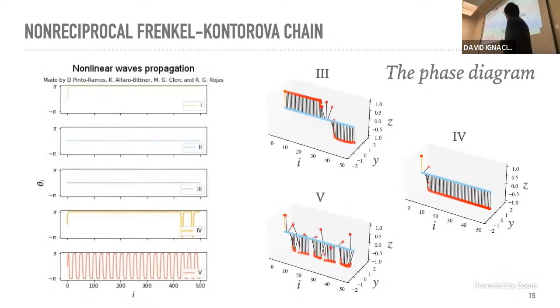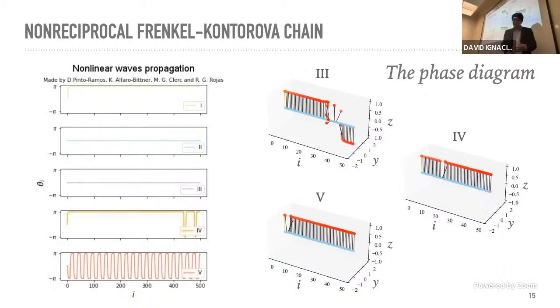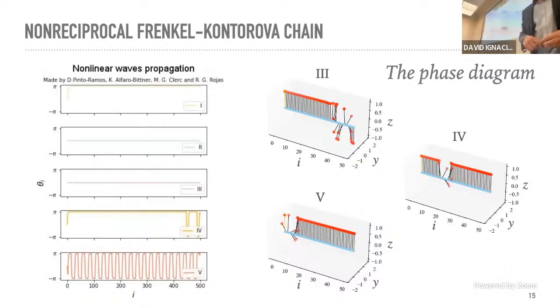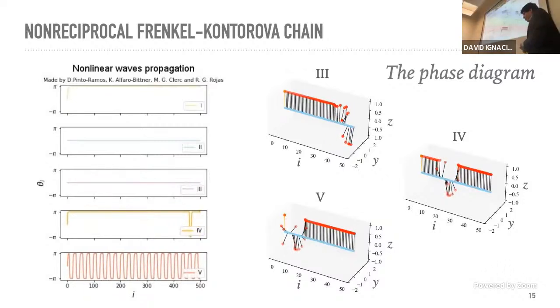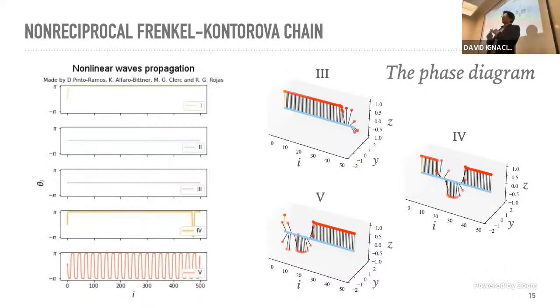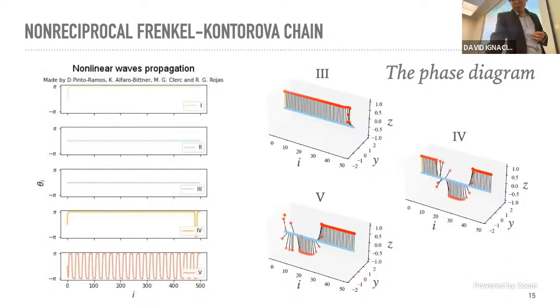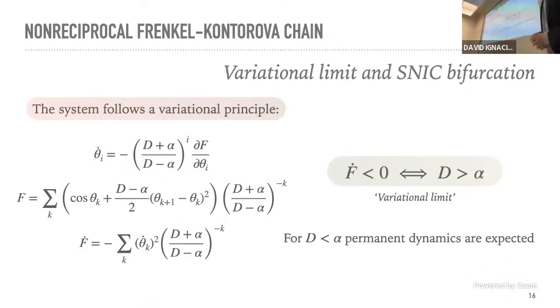So regions 3, 4, and 5, the 5 that we are most interested in, are a consequence both of non-reciprocity, but also the discreteness of the system. Now I will explain these two other curves that were not easily explained by the velocity curve.